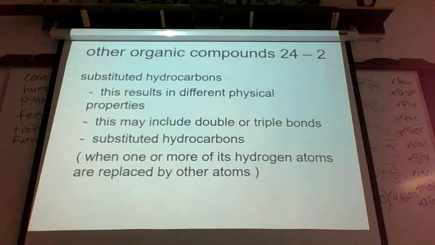So at this level, we want to include this. This may include double or triple bonds because it totally changes the chemical makeup of that compound.